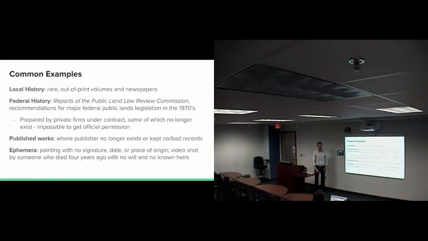There aren't records of exactly where the copyright lies, whether it's with the federal government or with these private firms. And when there aren't any records, that makes the government reluctant to grant permission, because they can't say with any confidence that they actually own the rights.